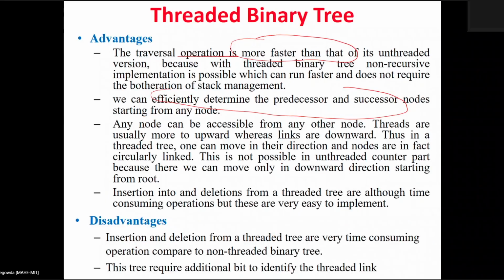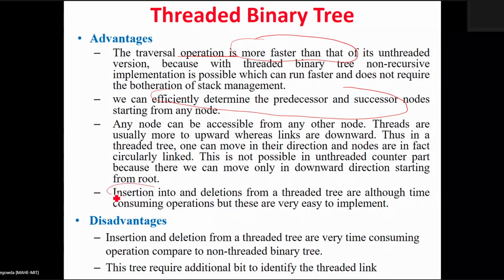So any node can be accessed from any other node. That is another advantage. With non-threaded binary trees, you have to start from the root node to access the desired node. Here, if you know the address of any intermediate node, you can visit any desired node starting from that node.